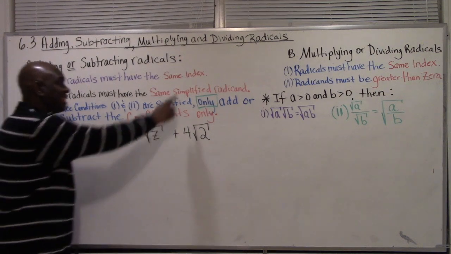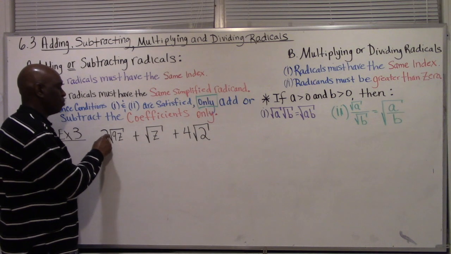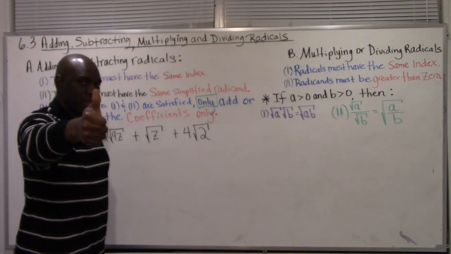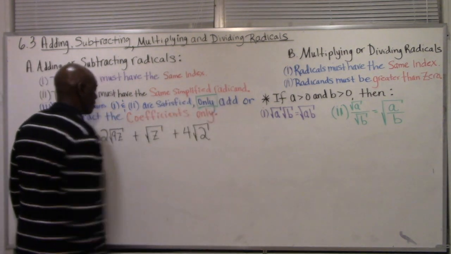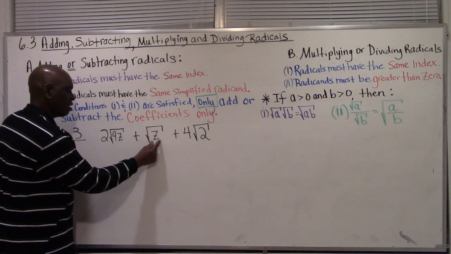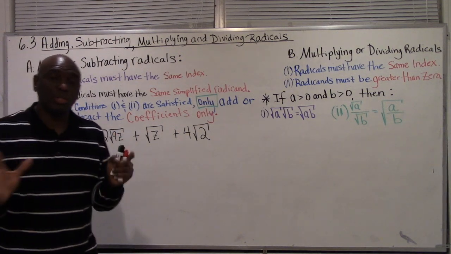Well, first check the index. Are the indexes the same? 2, 2, 2. Check. Indexes are good. Are the radicands the same? Well, 9z, z, 2. They all look different.